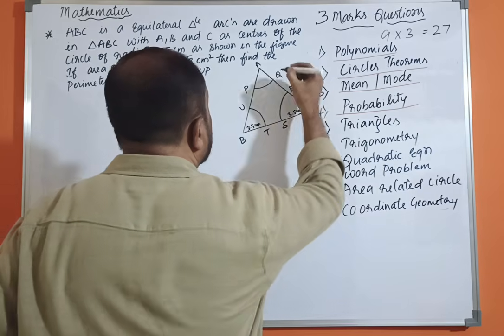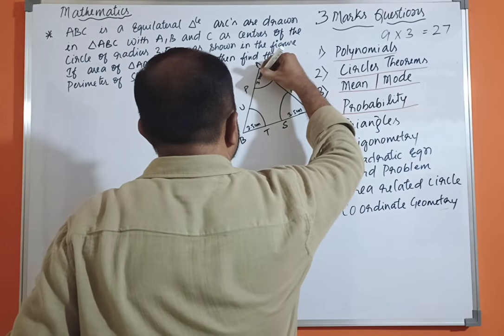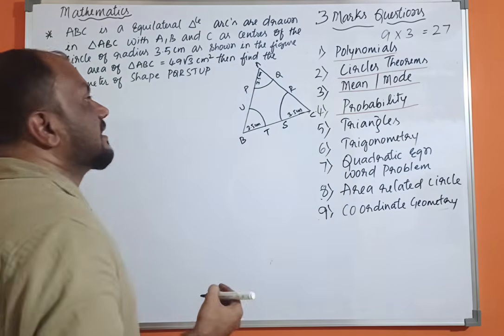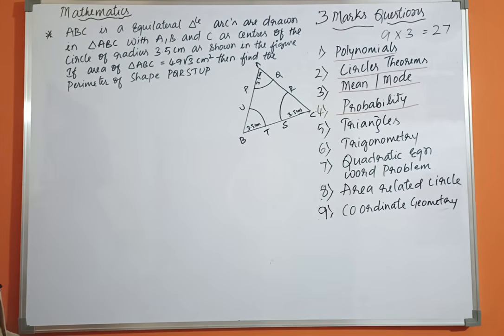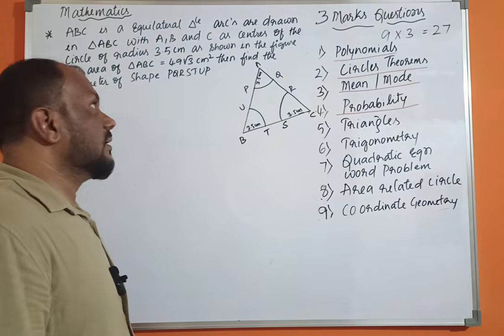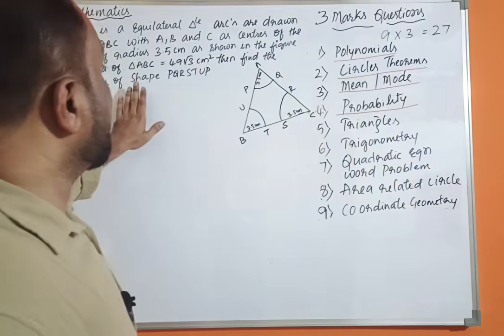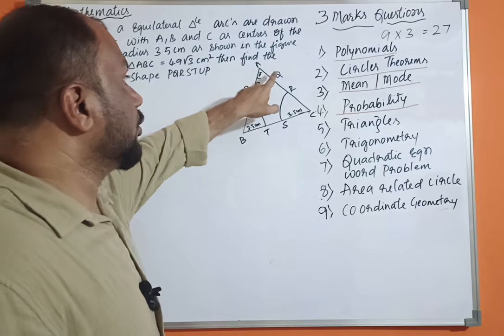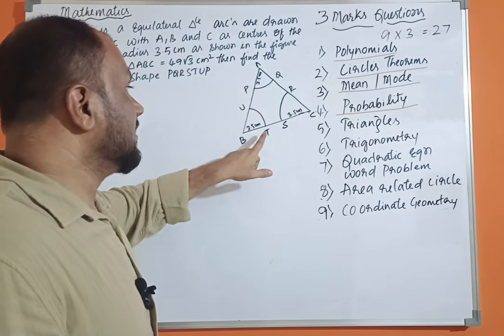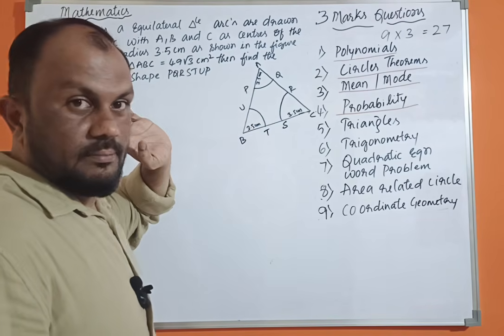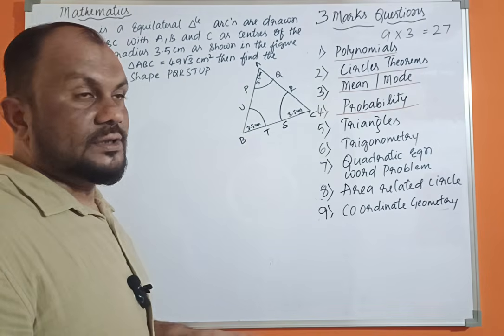Now, the area of triangle ABC is equal to 49 root 3 centimeter square. Then find the perimeter of shape PQRSTUP. This is what you need to find out.